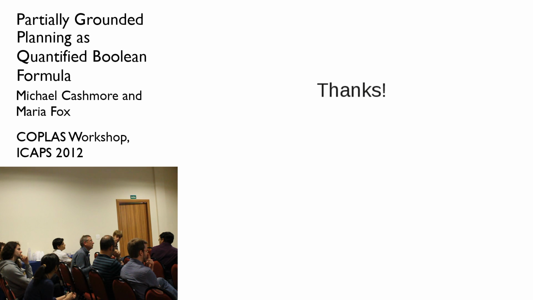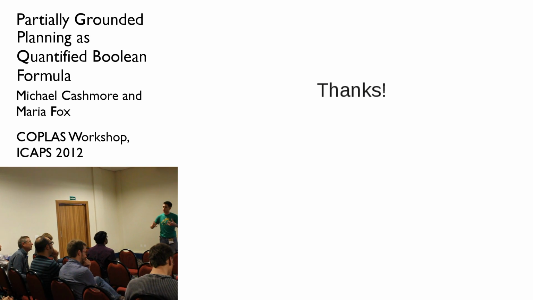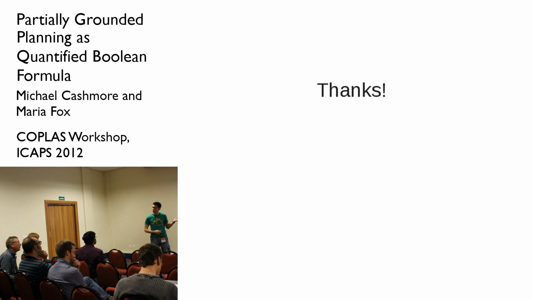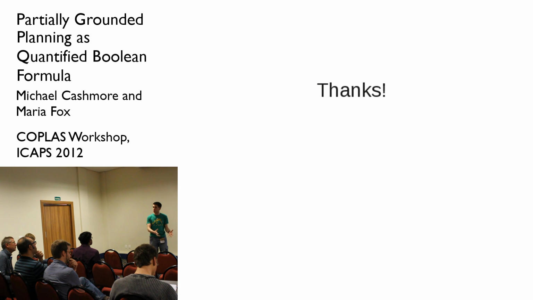Yeah, and that's in a sense a big difference. That's in a sense not grounding in the same sort of way as this. However, in that case, you have a CSP problem to solve rather than a Boolean formula, which may be more difficult.